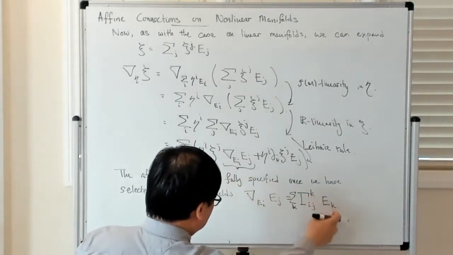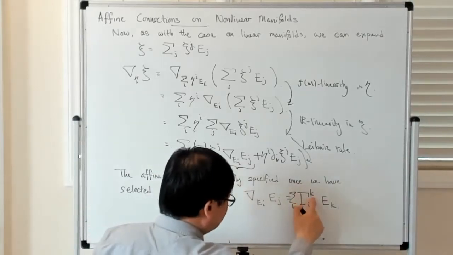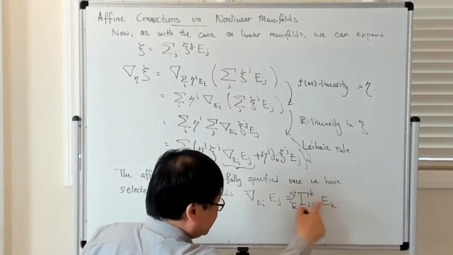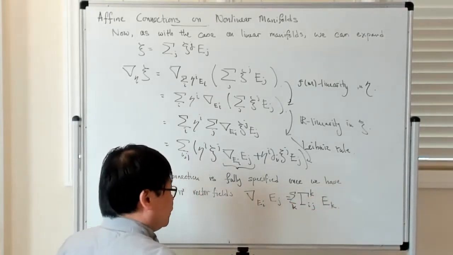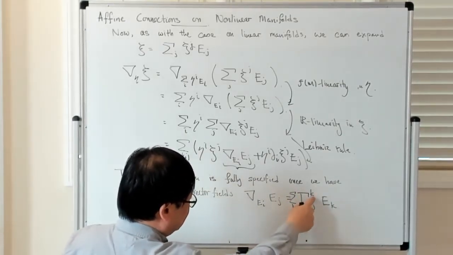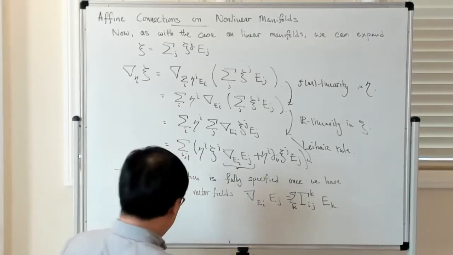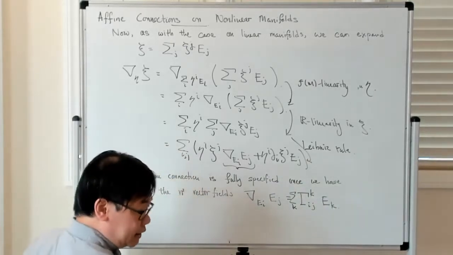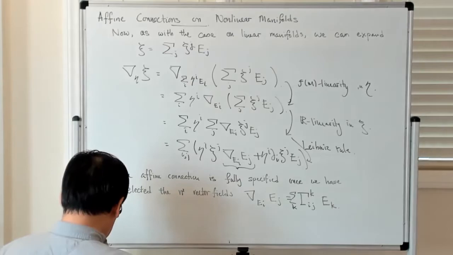Again, oftentimes you see that because there's a raised k and lower k here, which is matched, people will omit the sum, and have this implicit summation over k through what is called the Einstein summation convention. Okay, all right.